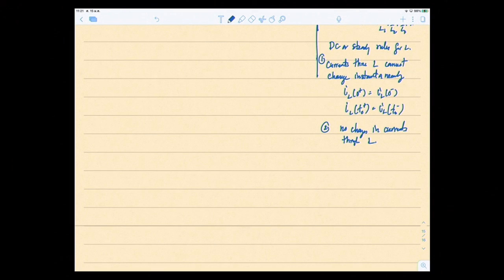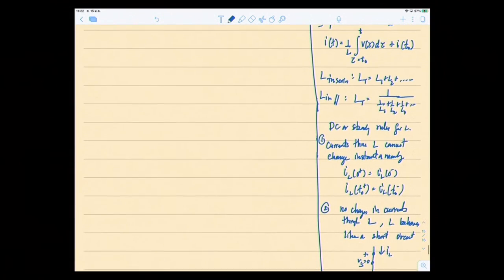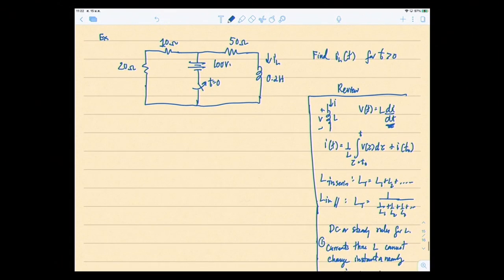That's called a short circuit. So if there's no change in the current through L, L behaves like a short circuit: I can flow, but VL equals 0. These are the two rules you have to keep in mind as you do RLC circuits.